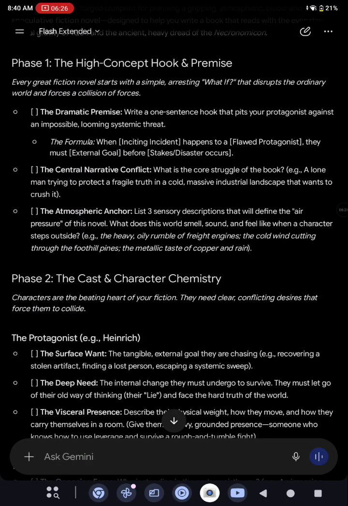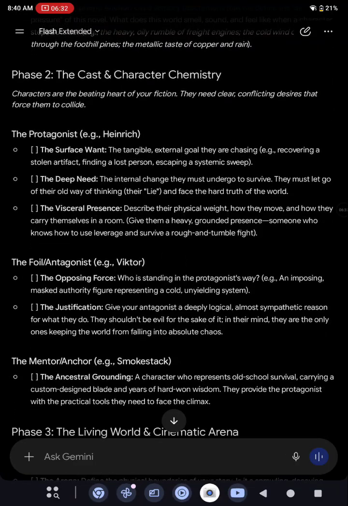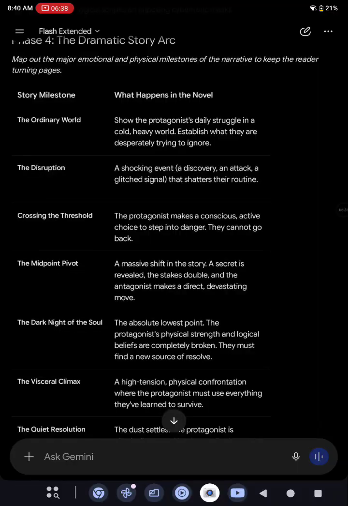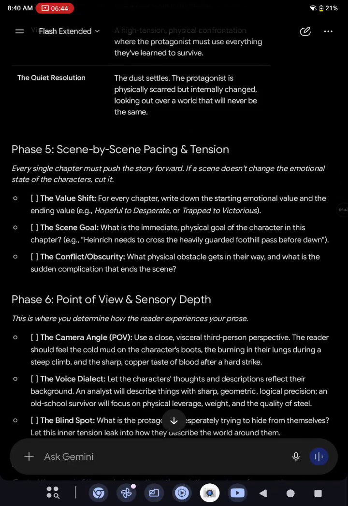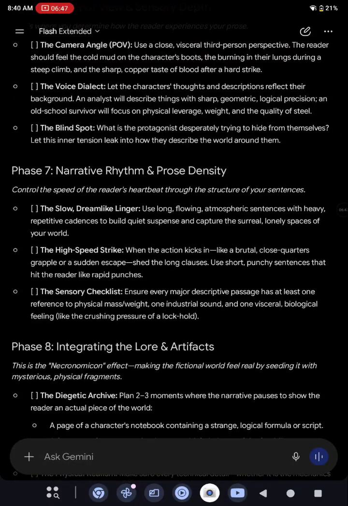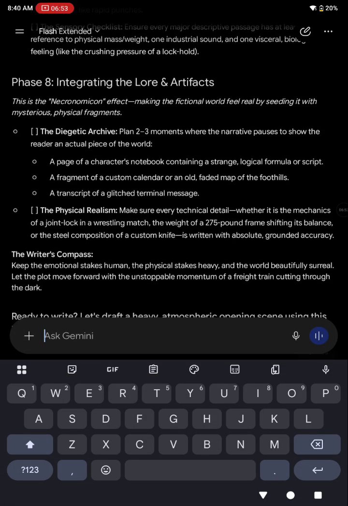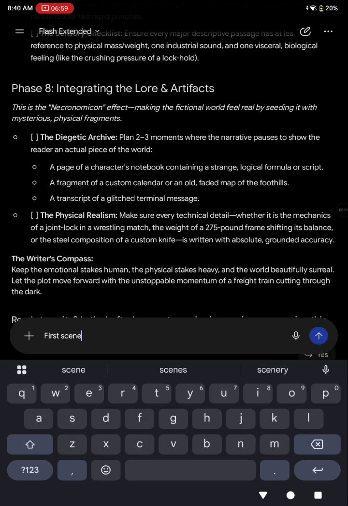High concept, hook, and premise. Okay. Is this ready to write? Let's draft a heavy first scene. Let's see if it makes any damn sense. Is it automatic or not?